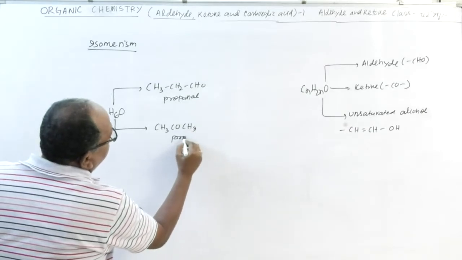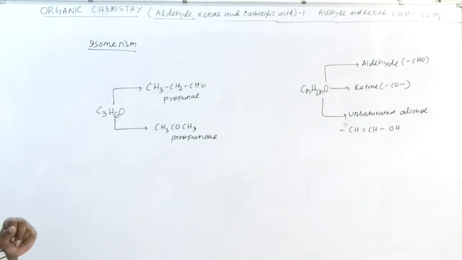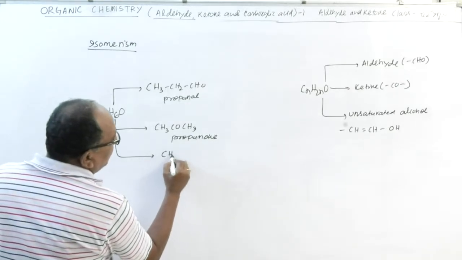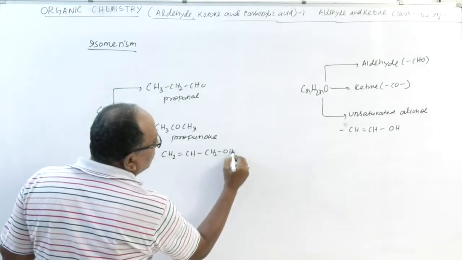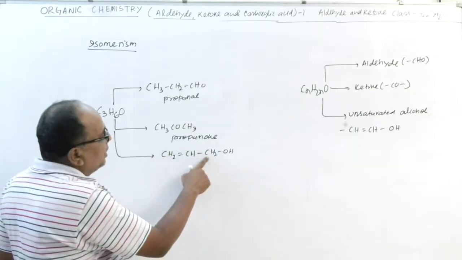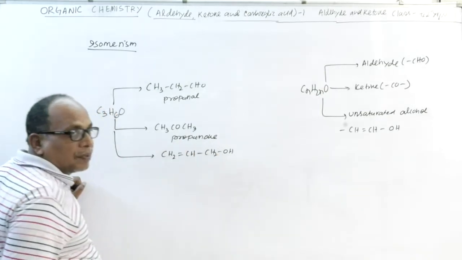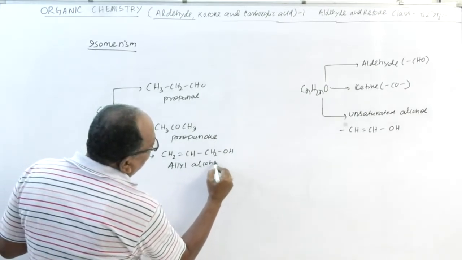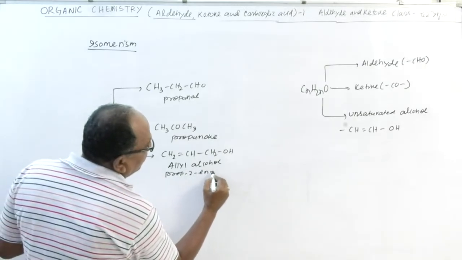This is called propanone. And it may also be represented as CH2 double bond CH, CH2OH. Same formula: 3 carbon atoms, 6 hydrogens, and 1 oxygen. This is called allyl alcohol, prop-2-en-1-ol.